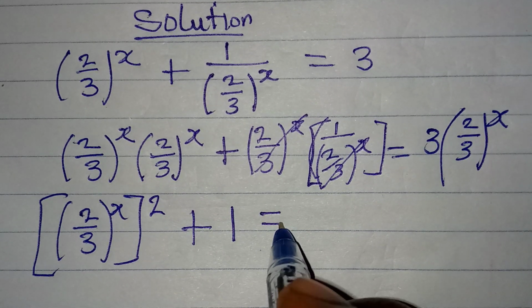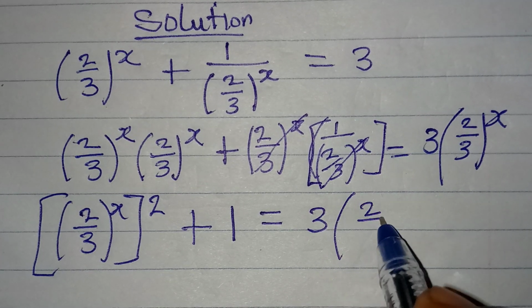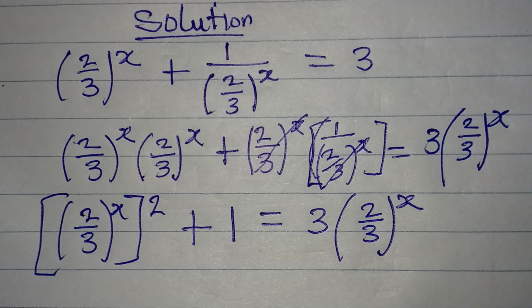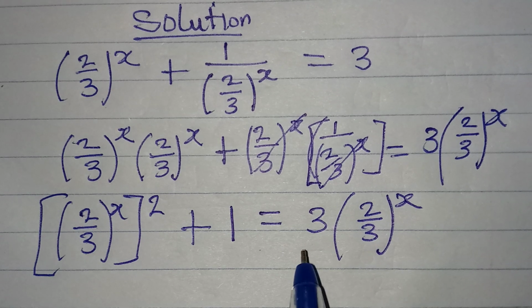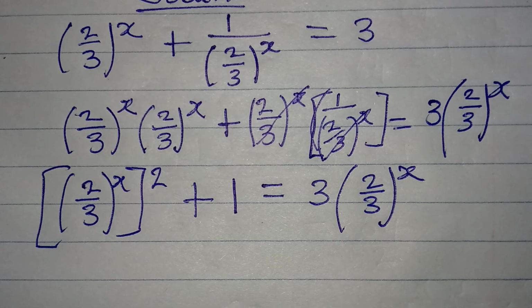And this will be equal to 3 into (2/3)^x. Now, it will be a mistake if you cancel 3 and 3, because this is already in that bracket, right?